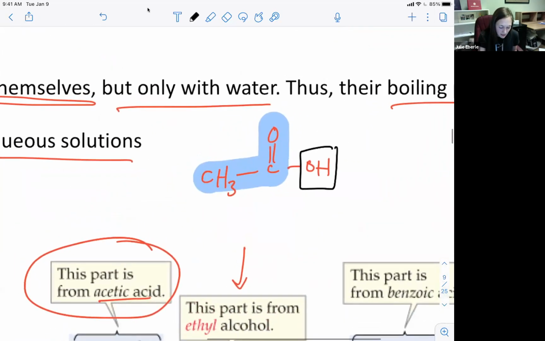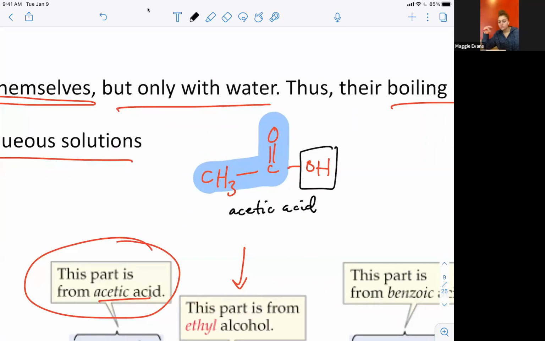Which part, if I zoom in on acetic acid, which part makes it an acid? Which part did we say is the acidic part? Does anybody remember? We said carboxylic acids are weak acids. They can give or receive a hydrogen.